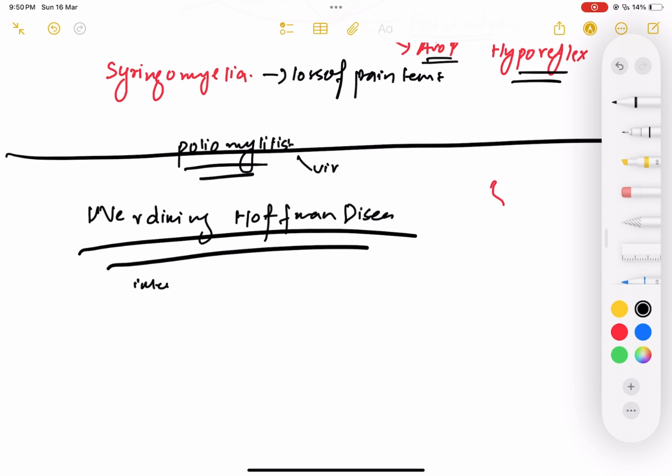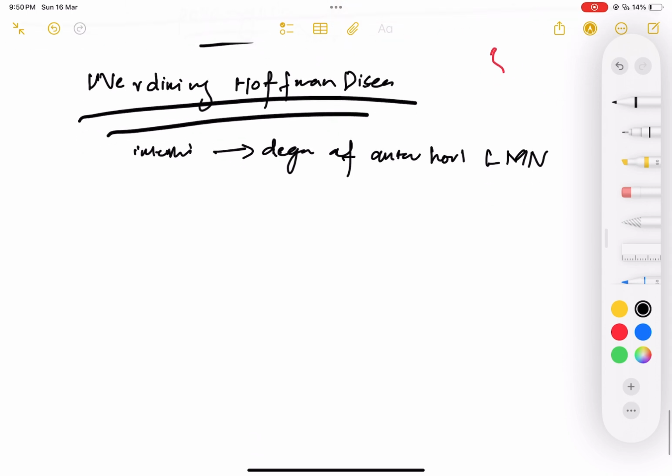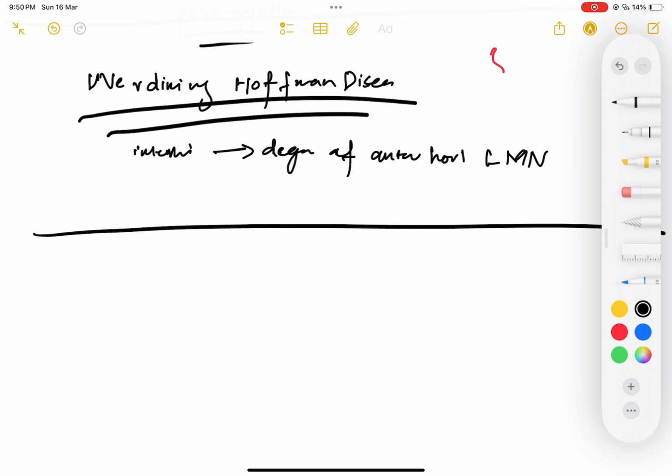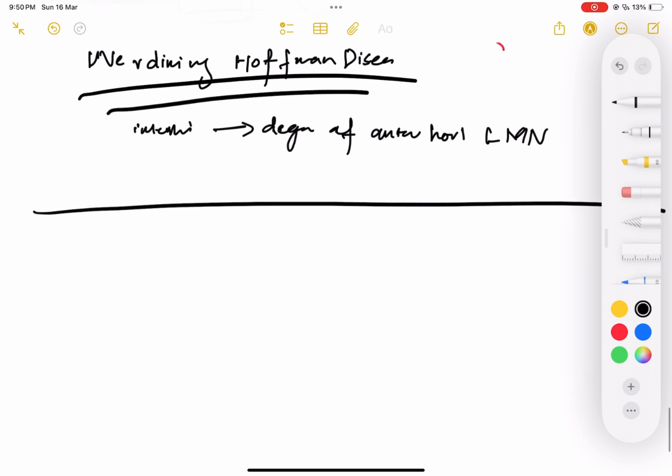Polio is due to a virus, while this is an inherited defect in which we are going to see degeneration of your anterior horn lower motor neurons. If anterior horn lower motor neurons are knocked off, you guys already know what will happen. It would end in fasciculation, hyporeflexia, and lower motor neuron signs and symptoms. Is that clear? So this was all about Werdnig-Hoffmann disease.